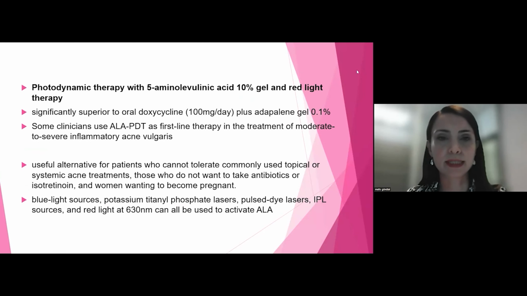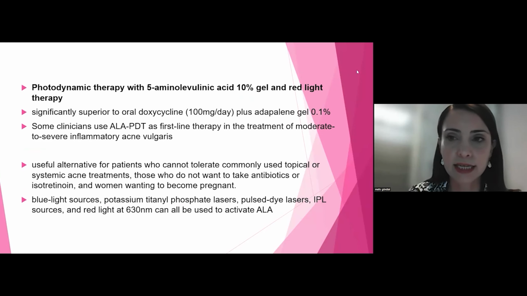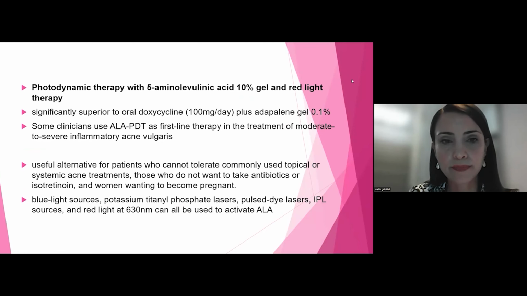here photodynamic therapy with 5-aminolevulinic acid gel and red light. Significantly, this medicine is superior to oral doxycycline plus adapalene gel. Some clinicians use ALA-PDT as first-line therapy in the treatment of moderate to severe inflammatory acne vulgaris.